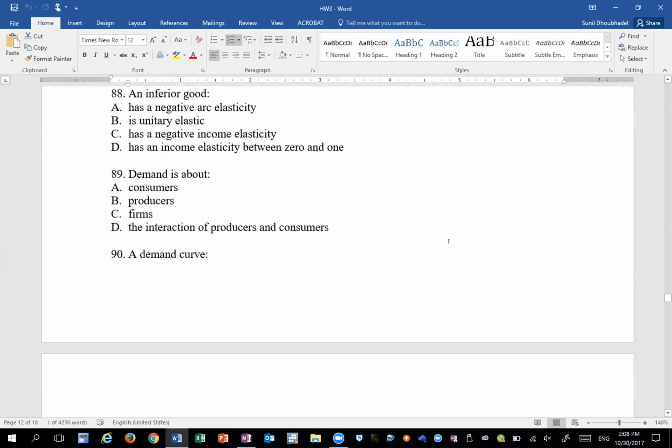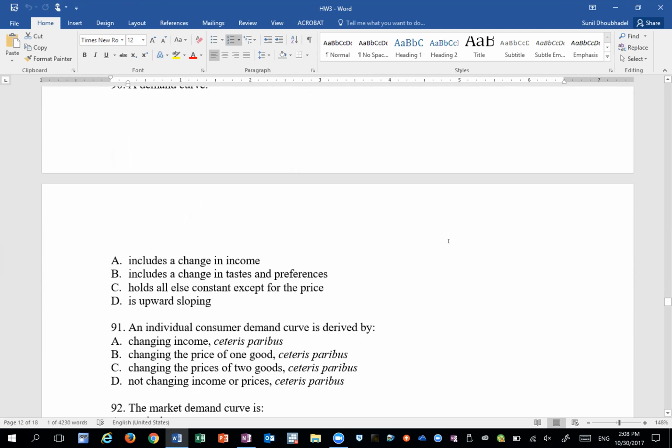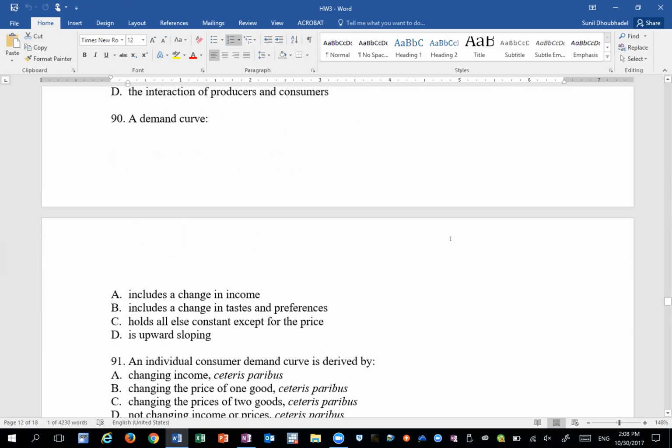Let's look at question 90. A demand curve includes a change in income, includes a change in taste and preferences, holds all else constant except for the price, or is upward sloping. What is a demand curve?